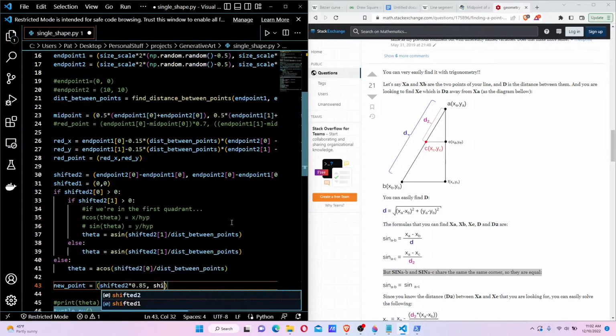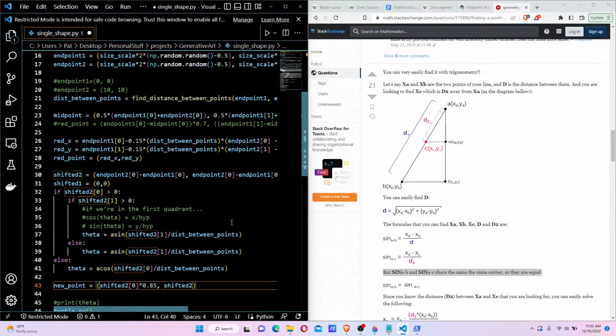And the other one is shifted to of 0 times 0.85, shifted to of 1. Okay, and then shifted to, we want to add endpoint 1 to shifted 2.